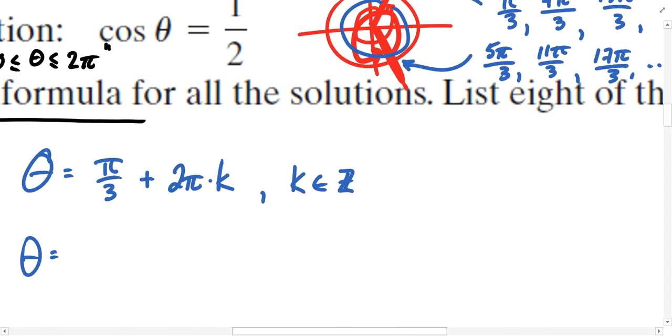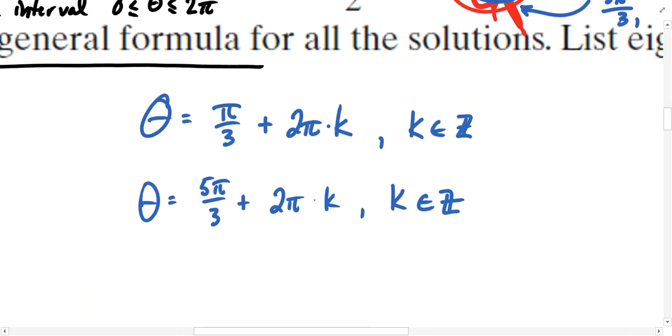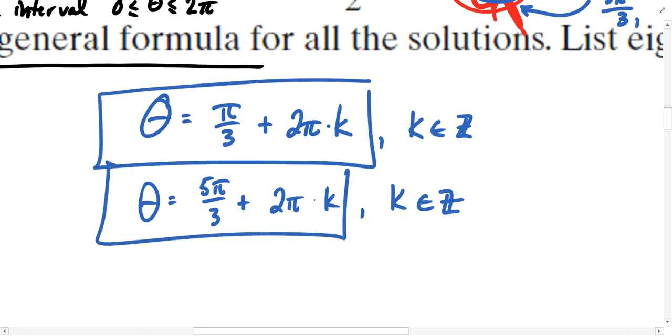The other solution or other answer to this particular problem is starting at 5 pi over 3 and adding rotations beyond that. So this is a common way to indicate all solutions by giving a general formula.